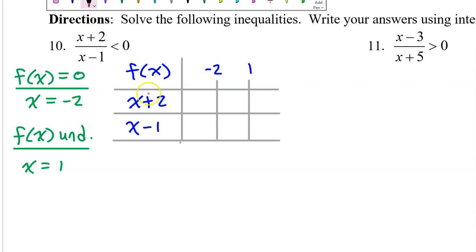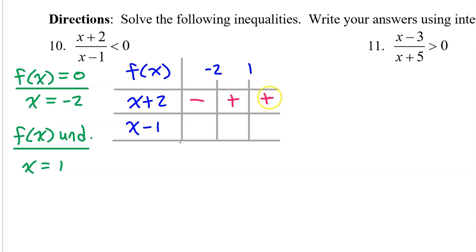Now we need to decide if these factors are positive or negative in each interval. The x plus 2 factor gave us a 0 of negative 2. So this is the only place where x plus 2 might change signs. In this case, x plus 2 is negative to the left of negative 2 and positive to the right. If that's not obvious to you, just pick some values to test. For example, a number to the left of negative 2 would be negative 3.